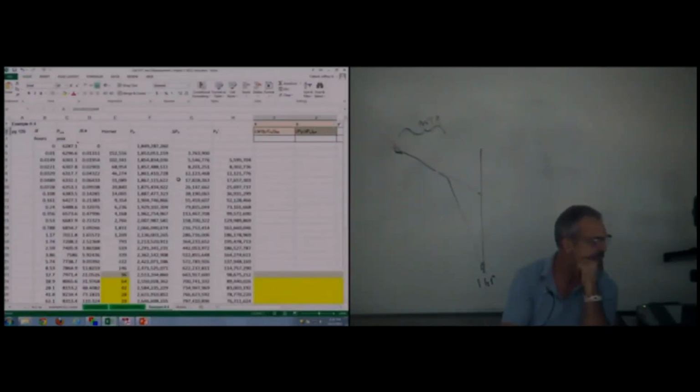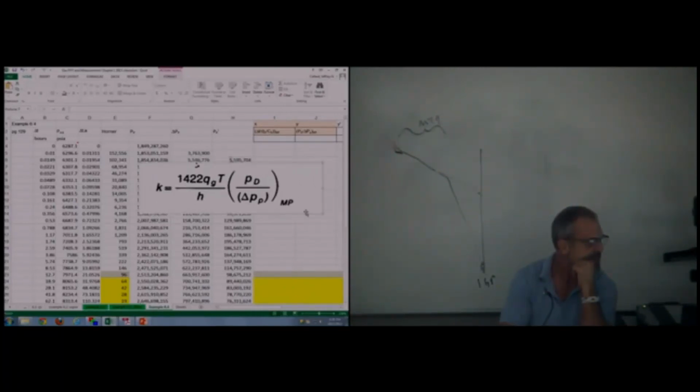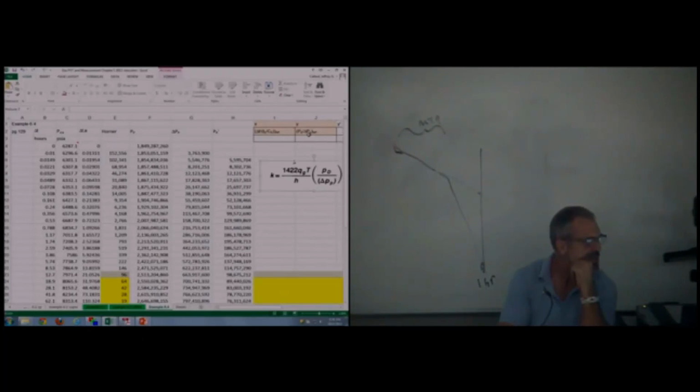That's kind of where we'll pick up. So by algebraically manipulating this, you see that's my last term in parentheses. If I want to know that number, that I can ratio my delta pseudo pressure, I have that. I want P sub D.